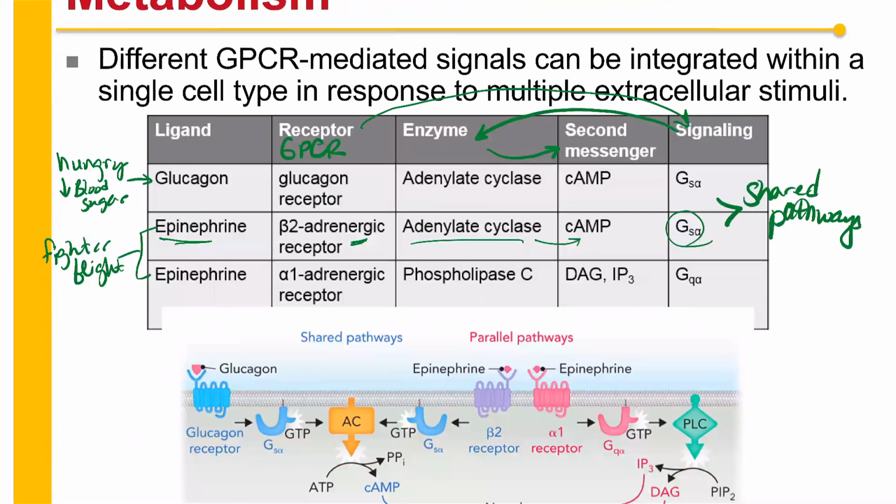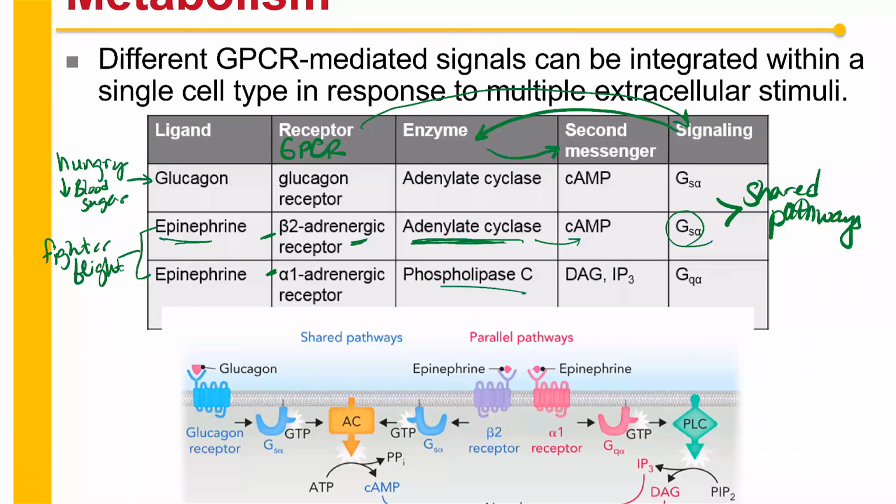Now, epinephrine, we said, can bind to two different G protein coupled receptors. So it binds to these two, and each of these two also activates a different kind of G protein subunit. And so it could be the GS alpha or the GQ alpha, right? And so they're going to activate different enzymes.